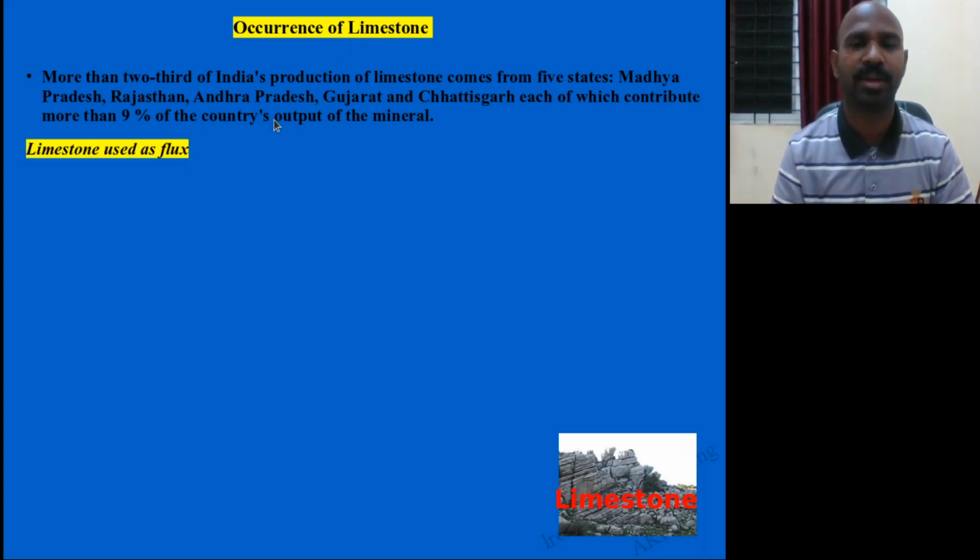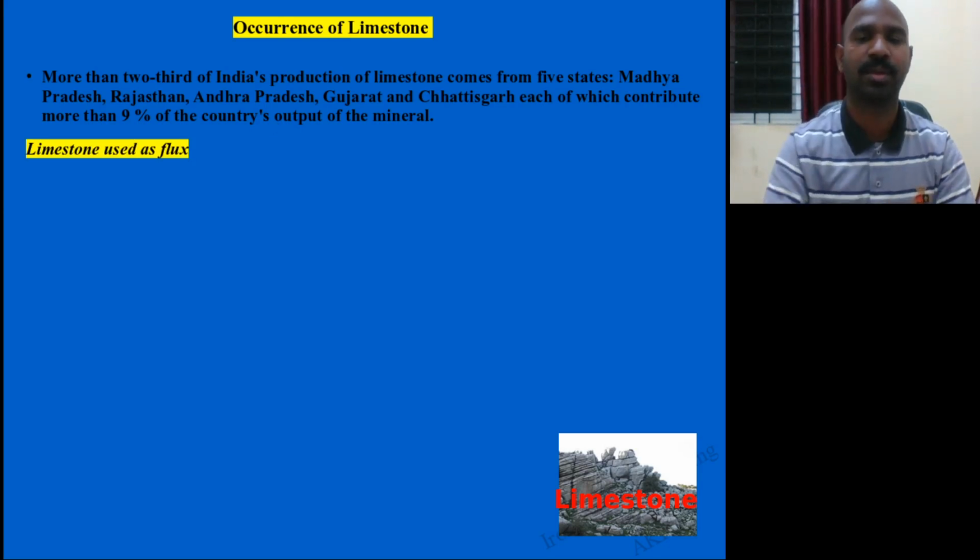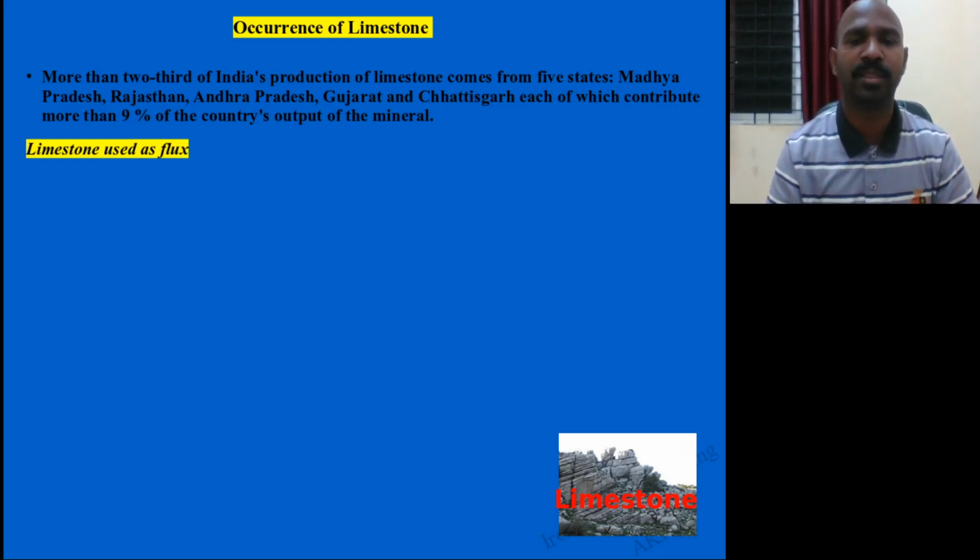Let us know more about limestone use for the production of iron. It is one of the raw materials for producing iron. By using the blast furnace you produce pig iron, and there you need to use limestone. What are the functions of limestone?